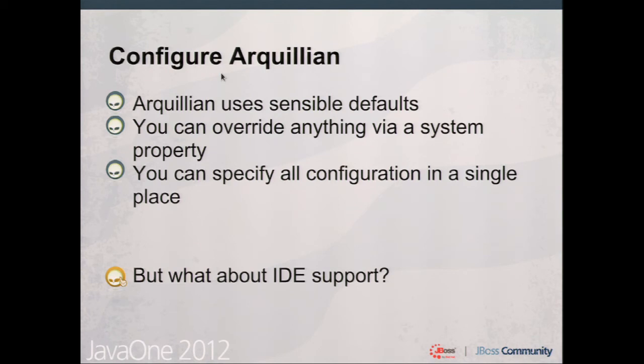The good point is that all the configuration is done in a single XML file with an XSD, so it's quite simple to change it in a single place. And if you need to override something in the CI environment, you can do so simply by using a system property.